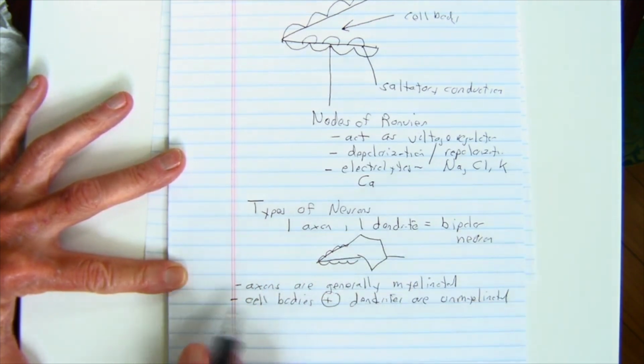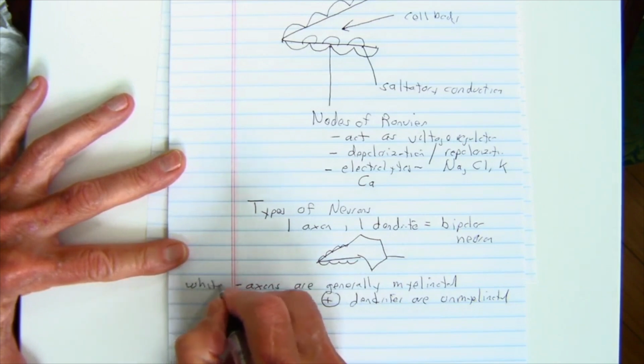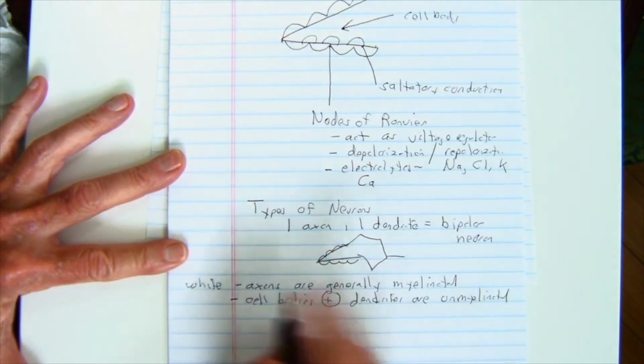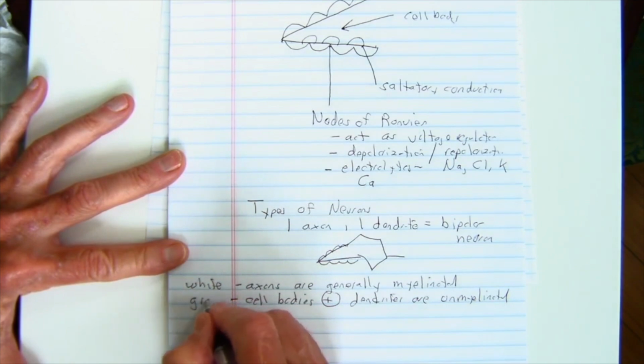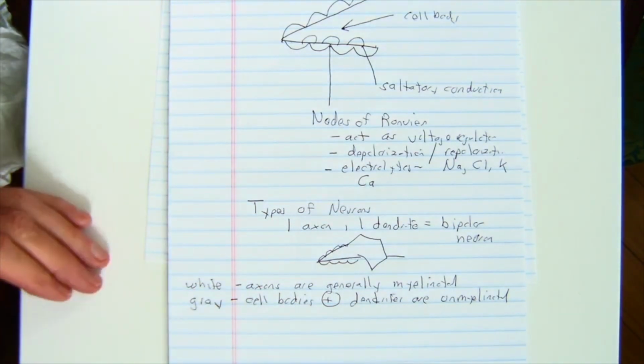That's why we say that axons are going to be white, and cell bodies and dendrites are going to be gray. So white matter, gray matter. That's where the terminology comes from.